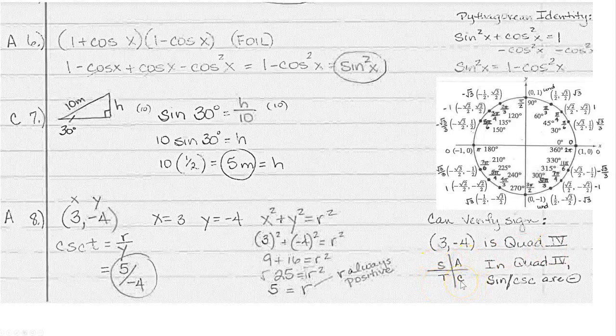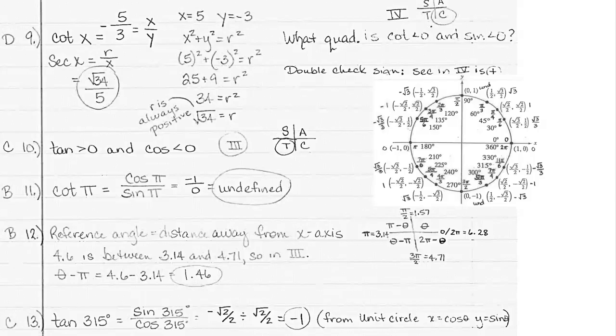We know that only cosine and its reciprocal secant would be positive, everything else would be negative. So that means that sine and its reciprocal cosecant would be negative, so that verifies this should be a -5/4.